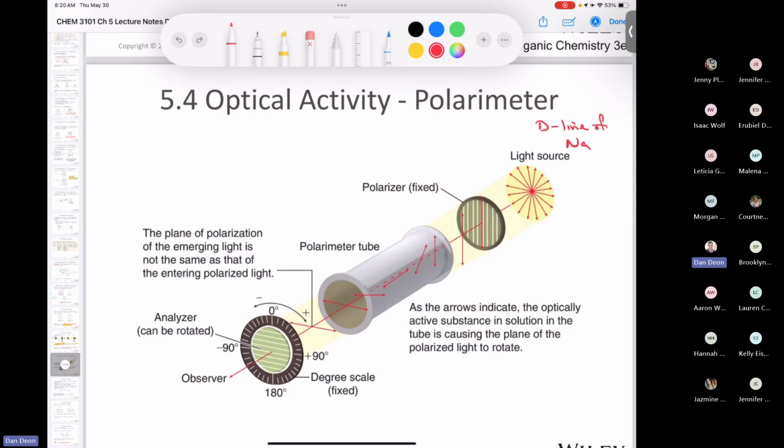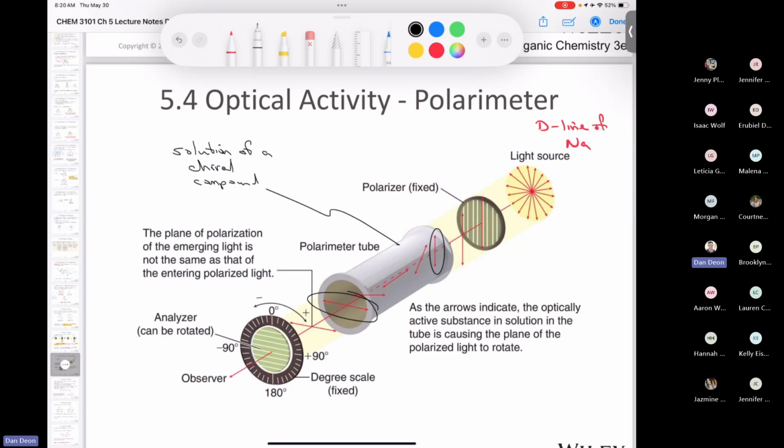Now inside what's called the polarimeter tube, this is where you have a solution of a chiral compound, and the chiral compound is going to work its magic. You see the plane polarized light in one direction here, but the compound is rotating it.